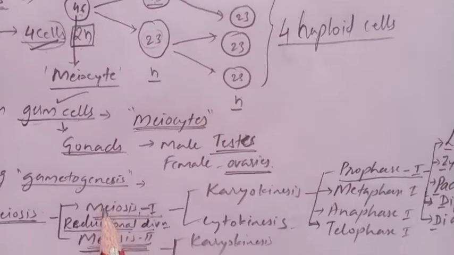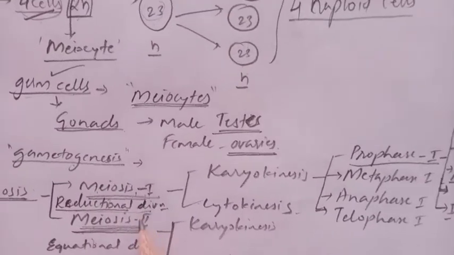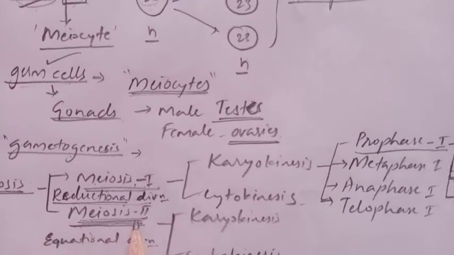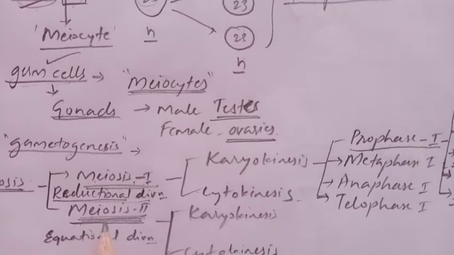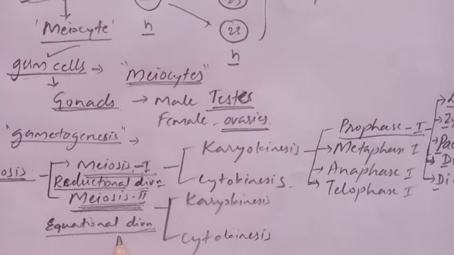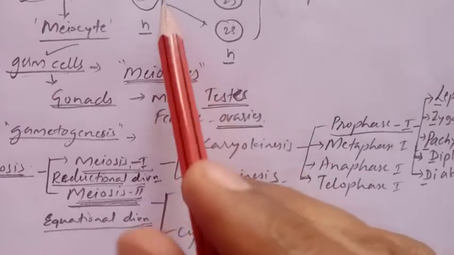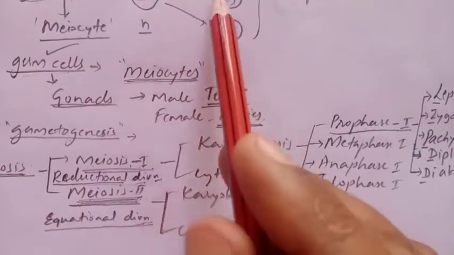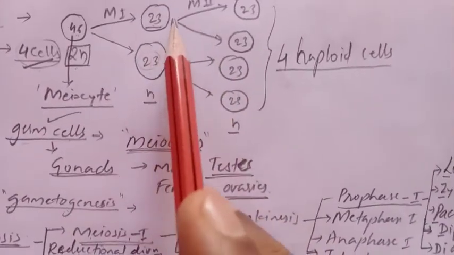That's why we call it a reductional cell division. And meiosis 2 is an equational division, which is the same as mitosis. Here we can observe, right?